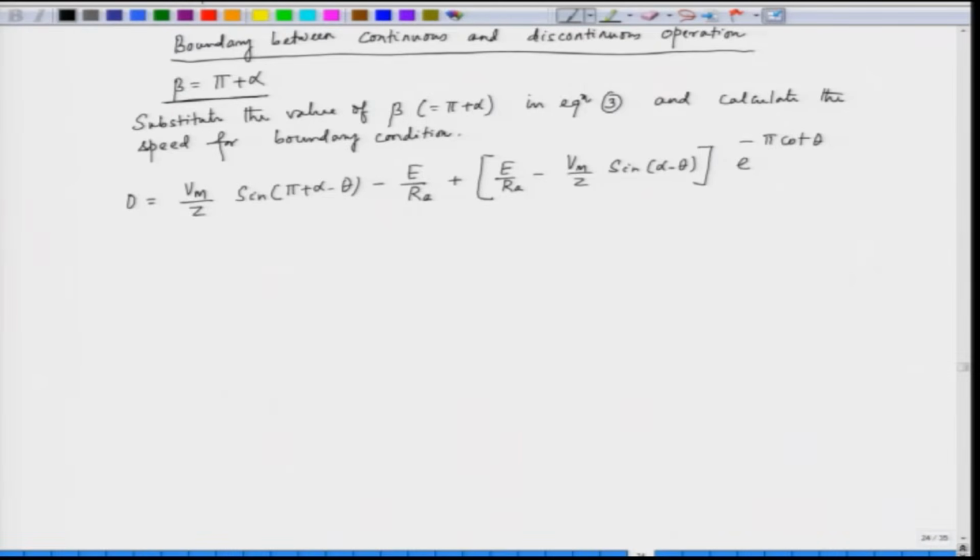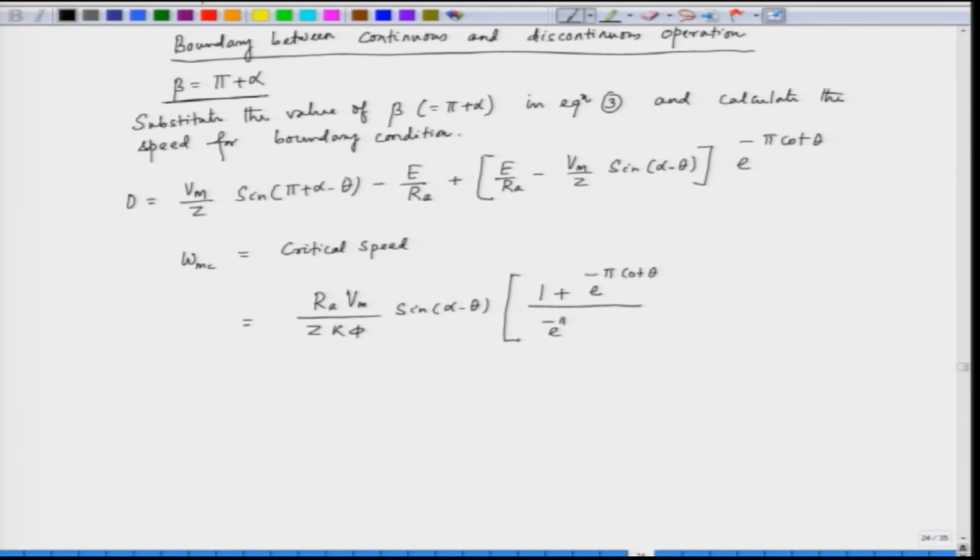Now, from this we can find out the value of the critical speed. If you simplify this, we get the value of the critical speed, and this value of the speed is given as R A into V m divided by z k phi, sin alpha minus theta, into 1 plus exponential minus pi cot theta divided by exponential minus pi cot theta minus 1.